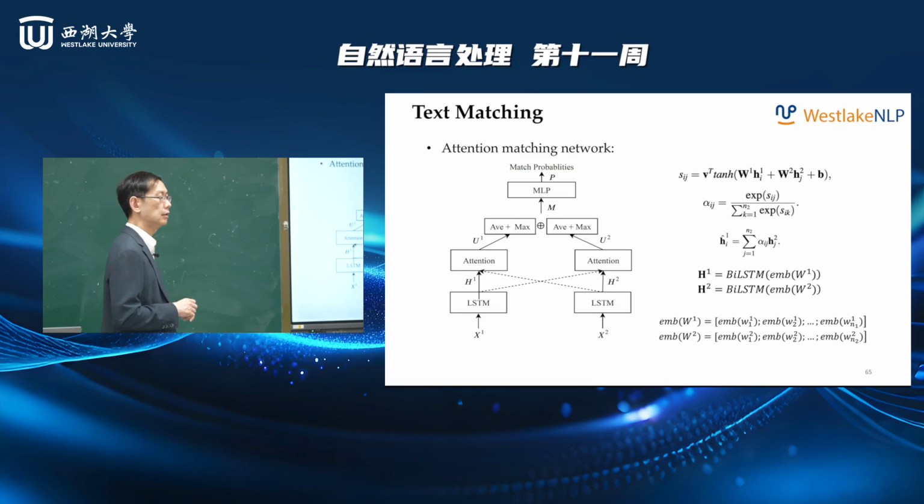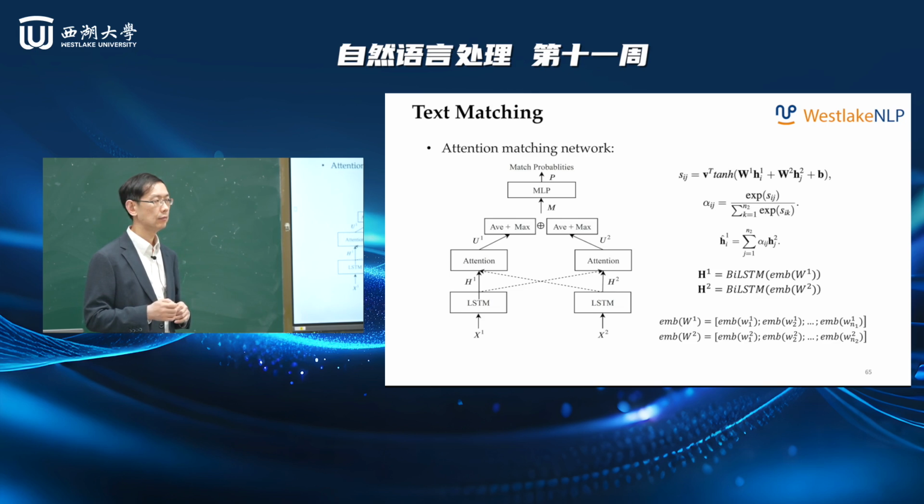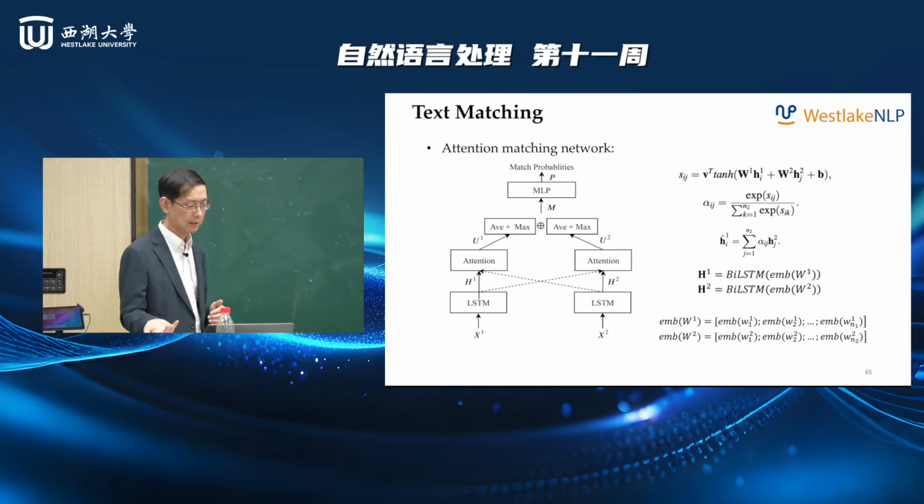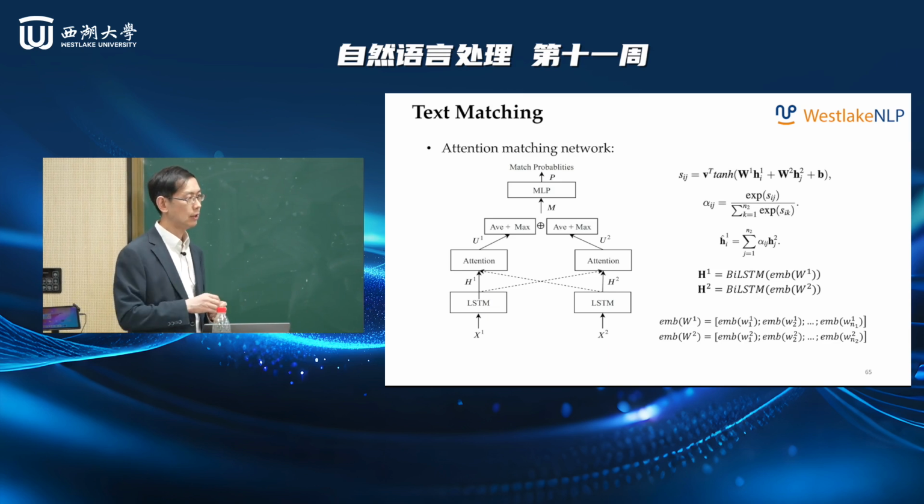I calculate each H1 hat i, or H1 hat for the ith word on the left. I use H1i as the query, to query every H2j. And I find a weighted sum of H2j as H1 hat. Okay? So I'm calculating a weighted sum of the right sentence to represent each token in the left sentence.